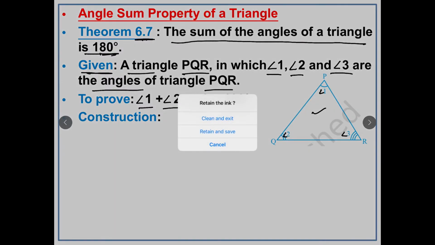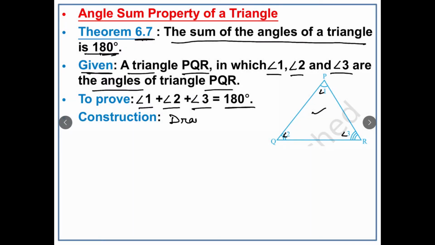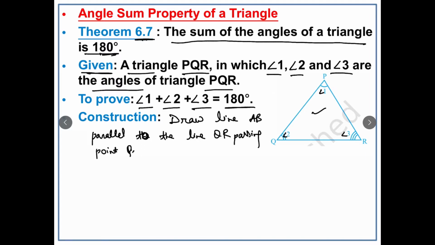Construction is: draw a line, let's say AB, parallel to the line QR, passing through point P. That means we have to draw a line like this which has to be parallel to the baseline QR, and it should pass through P.